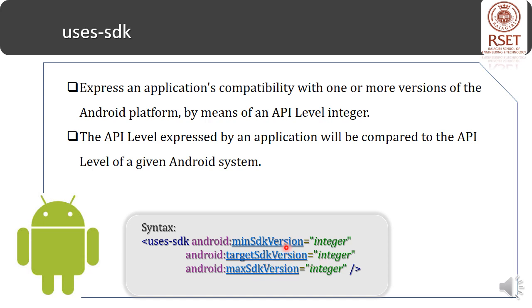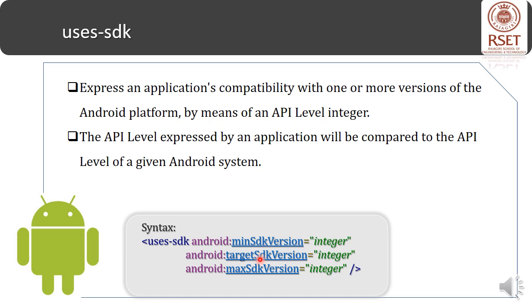These are the three attributes included inside uses SDK. Min SDK is an integer which designates the minimum API level required for the application to run. The Android system will prevent the user from installing the application if the system's API level is lower than the value specified in this attribute.